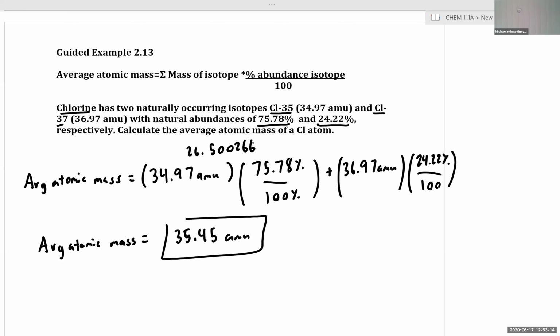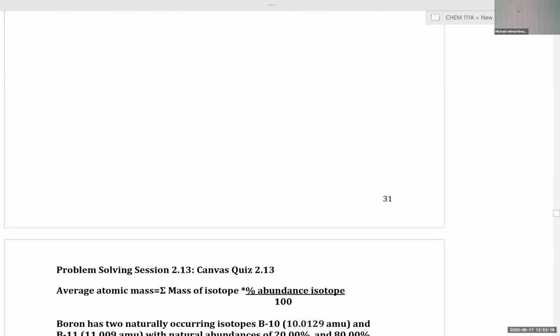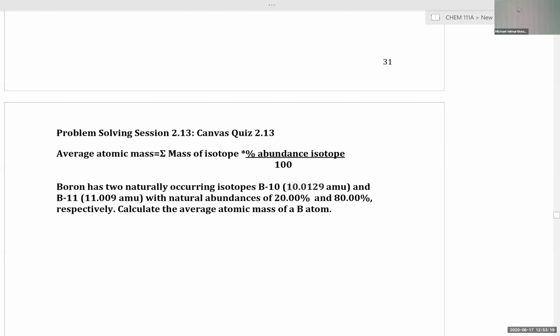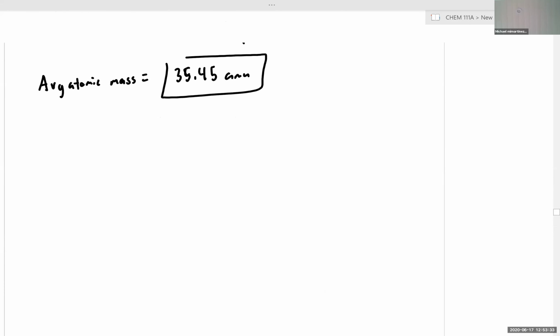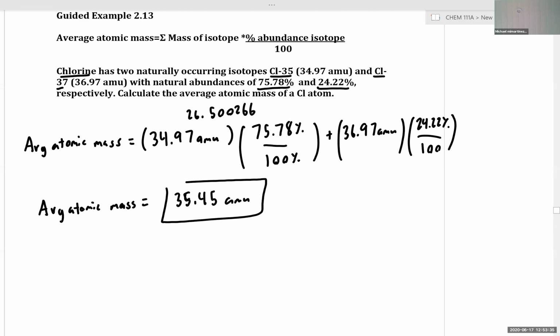If not, let's now open up our problem solving session 2.13 and let's work on calculating the average atomic mass of boron. So the four sig figs were constrained by the number of significant figures in both our atomic masses and our percent abundance.